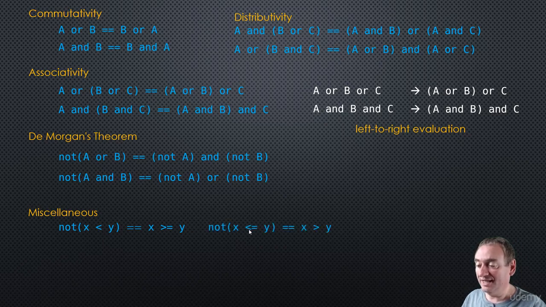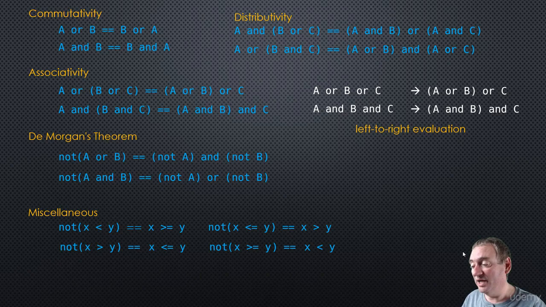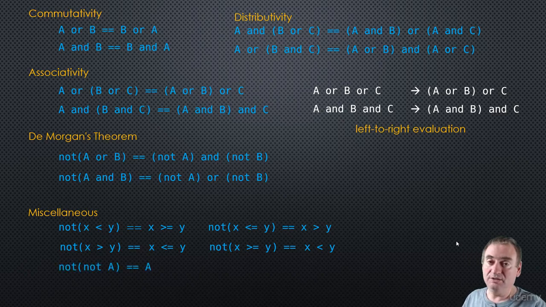Similarly, if we have not (x <= y), so if x is not less than or equal to y, really it just means that x is greater than y. And then we have the same thing with the greater than and the greater than or equal to. It works the same way. We just flip the operator around and then we add or remove the equal sign depending on where it was. Also, not not A is the same thing as A, so a double not just comes back to the original value.